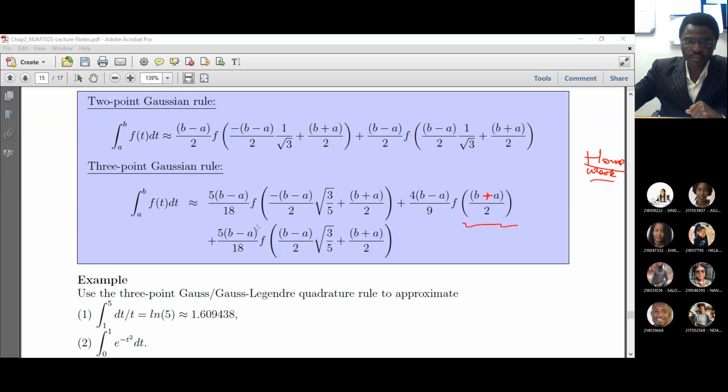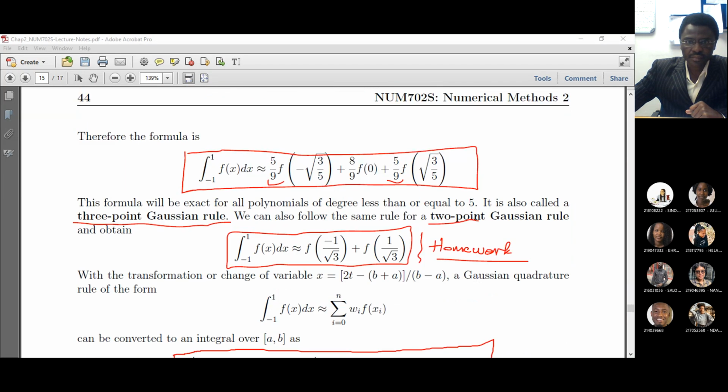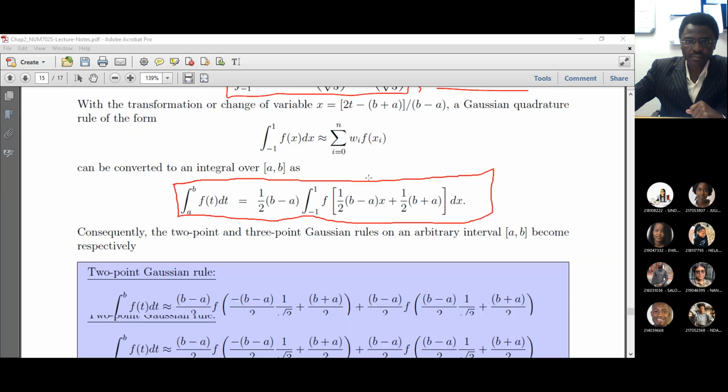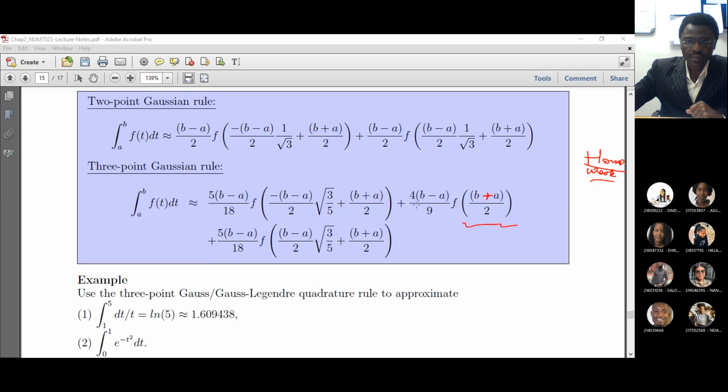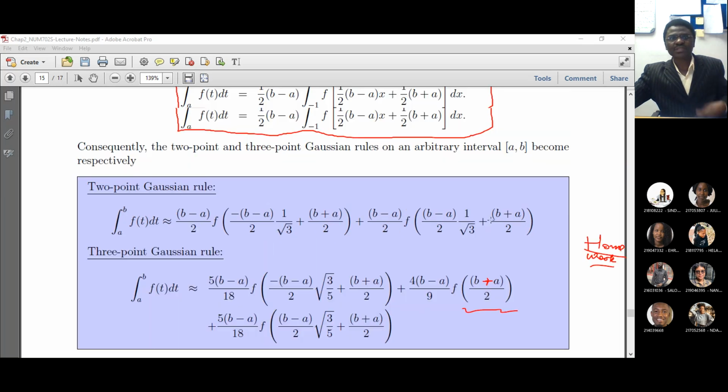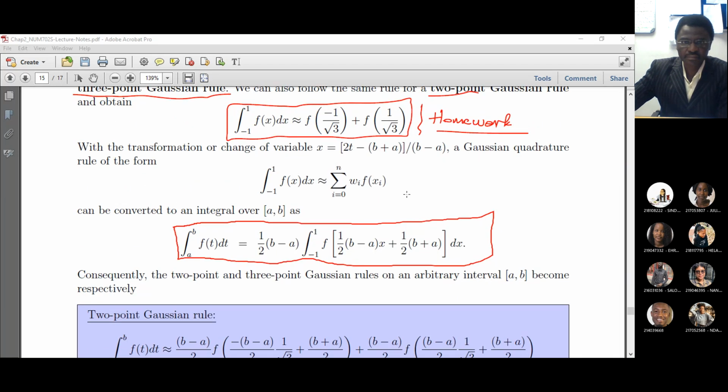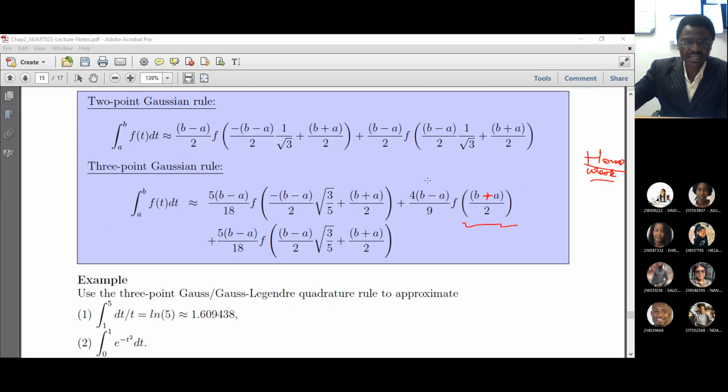For the 3 point, remember the middle term, 8 by 9 into f of 0, will be converted into this with (b plus a) by 2. So you can proceed in the like manner into the substitution. You get exactly this long formula.